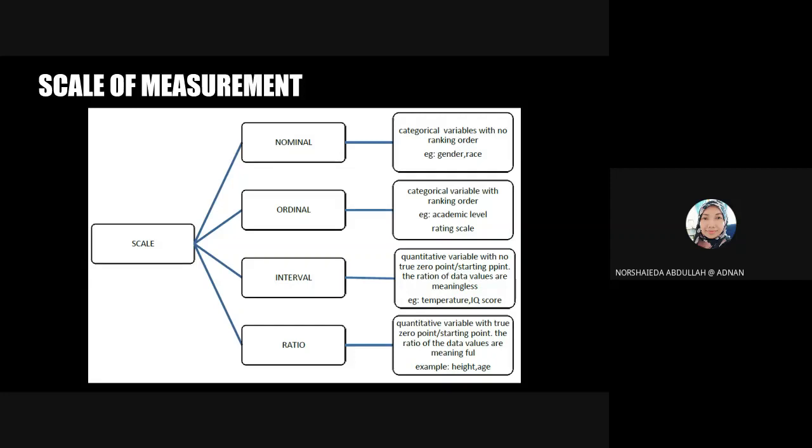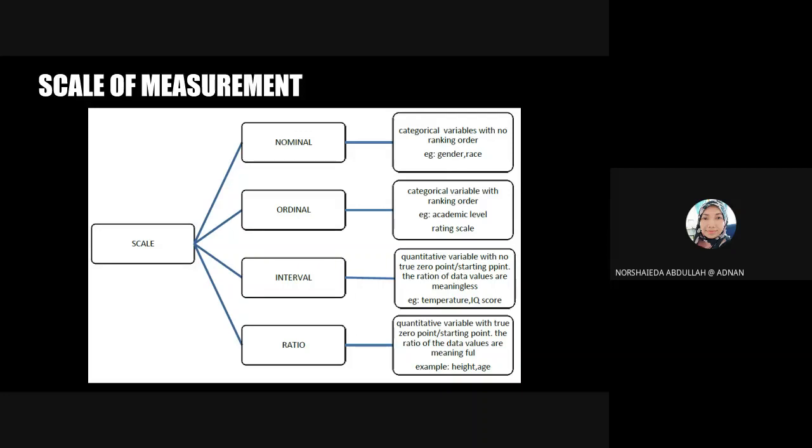For ordinal level, dia categorical data juga. Okay, but the ranking is important. Ranking is important. For example, academic level, okay, school, SPM, diploma, degree, master degree, okay.